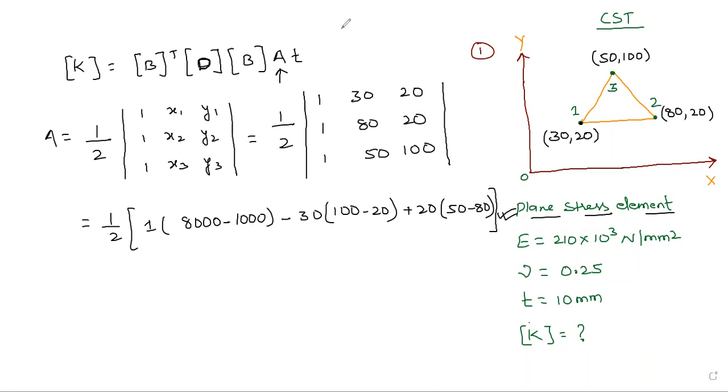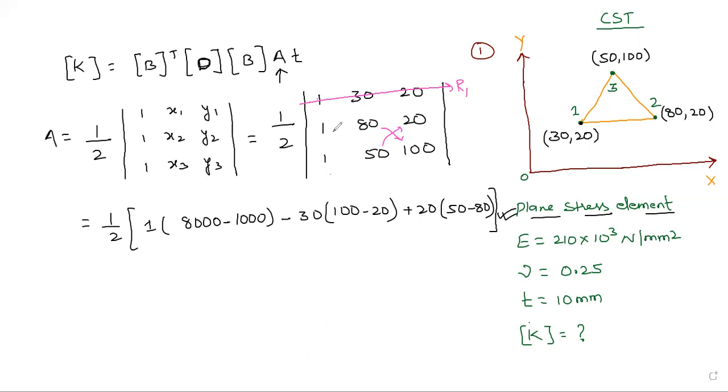Just I have expanded this determinant along this row number 1, right? If I will take 1, then this row and this column is going to go off, then 80 into 100, 50 into 20. Now as we will take 30 outside, so this will go off, this will go off.